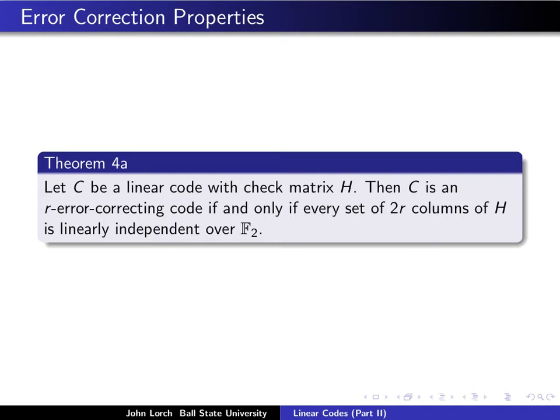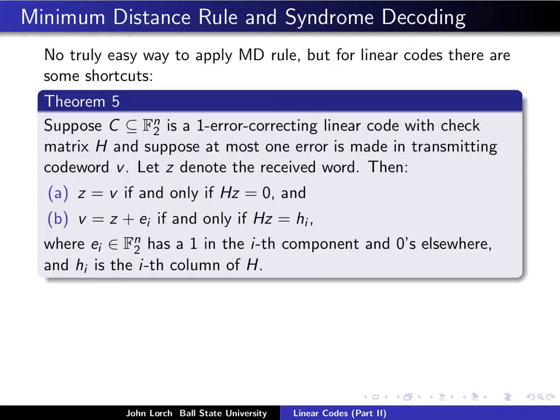Let's suppose we have a linear code C with check matrix H. Then C is an R-error correcting code, not just 1-error correcting, if and only if every set of 2R columns chosen from H is linearly independent over F2.